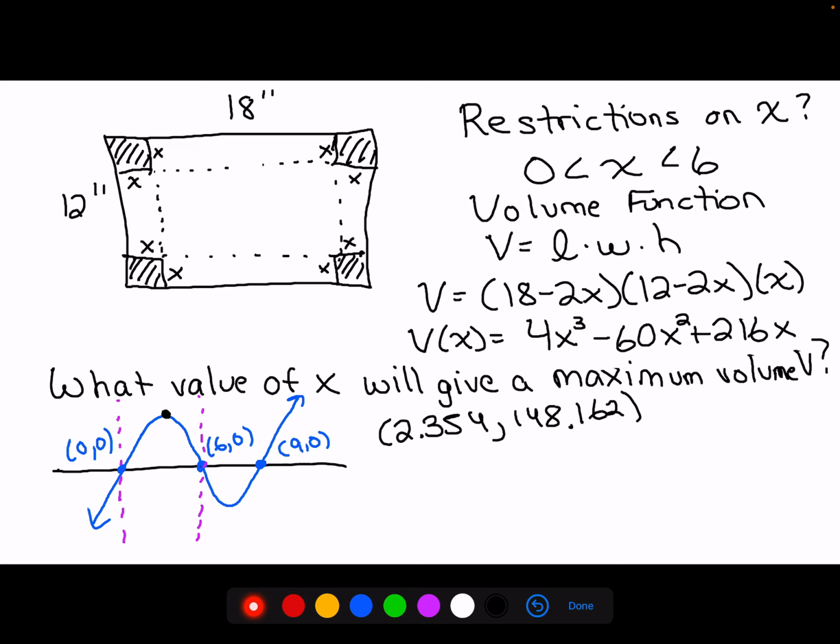I apologize for that. That's actually not 148.162. It's actually 228.162. That makes a lot more sense. So the actual maximum volume would be 228.162 cubic inches. So you want to make your x to be 2.354 inches, and then your volume would be 228.162 cubic inches.